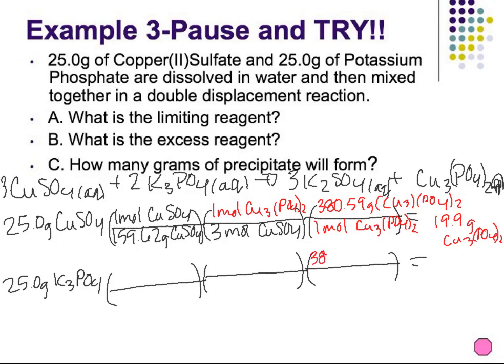On the bottom, the third part's going to be the same. So 380.59 grams Cu3(PO4)2 and 1 mole on the bottom. On the top, mole ratio Cu3(PO4)2. And on the bottom will be our reactant, K3PO4.